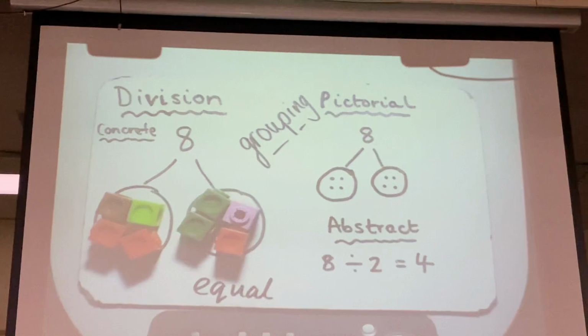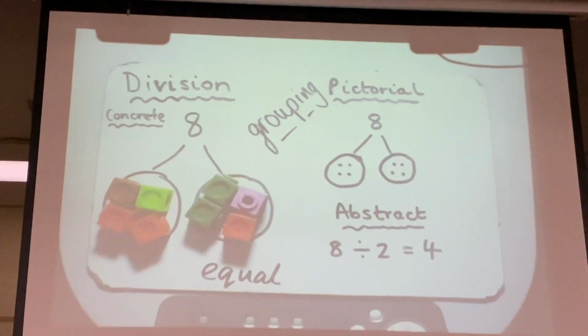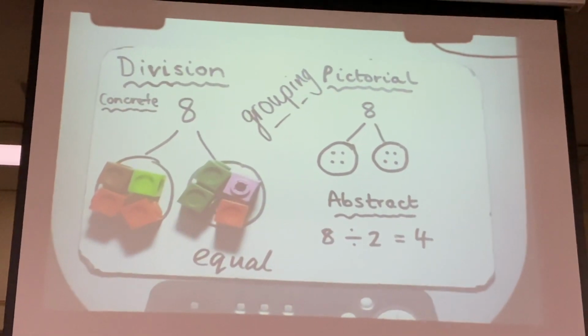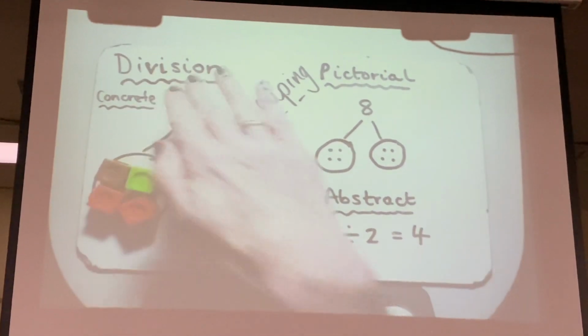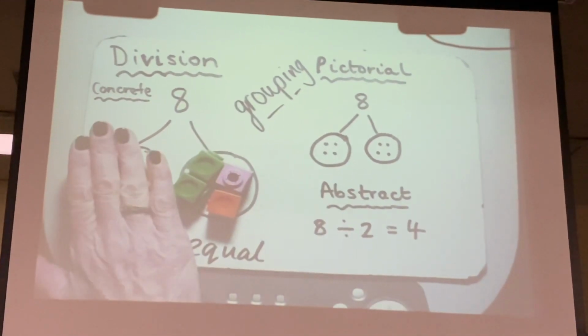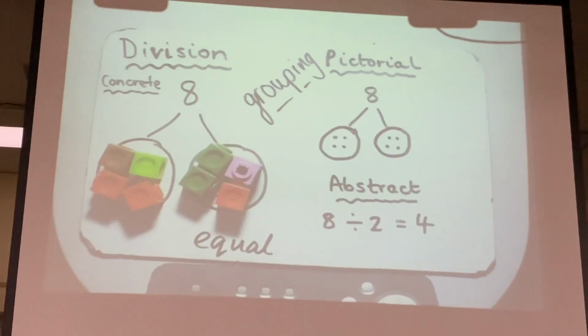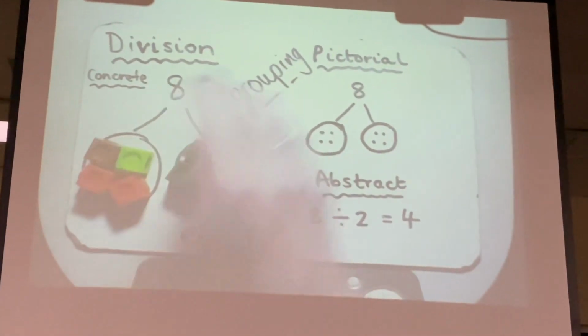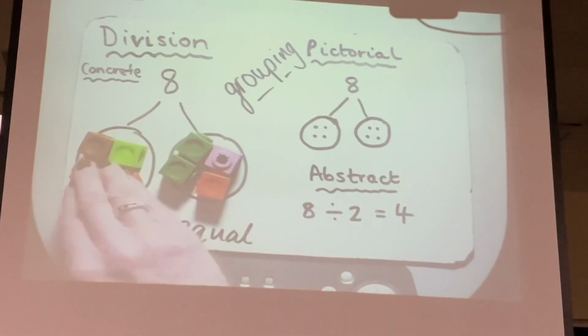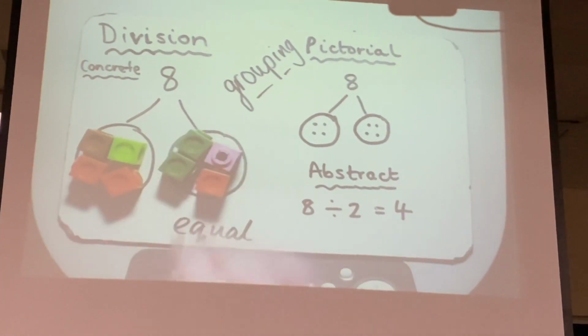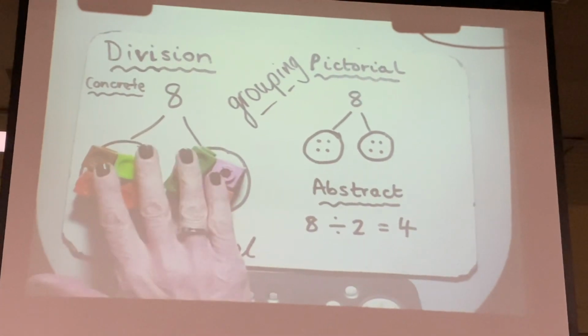Division in year 1 is introduced as grouping, as Chris mentioned. So we have the number 8, for example, and this is the concrete, and we want to share it between perhaps 2 people, 2 groups. Again, 1 here, 1 here, 1 for you, 1 for you. So that's the idea of sharing and making sure that the groups are equal.